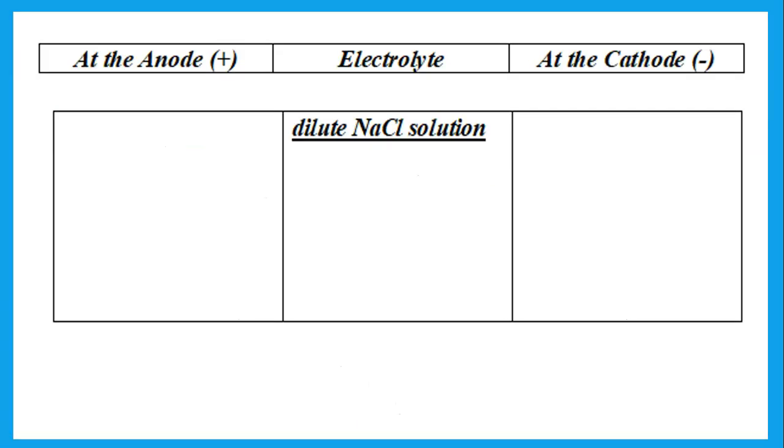What if we're doing electrolysis of dilute sodium chloride? Now, dilute sodium chloride still has the same ions, Na plus, Cl minus, and H plus, OH minus. Now, which one is going to react at the anode? Remember, we're choosing between chloride and hydroxide, and we said the one present in larger amounts is the one that will react.